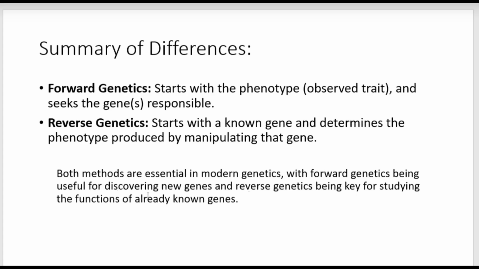That means if we want to know the function of the gene, we have to apply reverse genetics. But the disadvantage is that we must know the genes beforehand. If we don't know the genes, we have to begin with forward genetics and apply mapping for the phenotype we have observed in this organism. That means the two methods are essential in the lab.